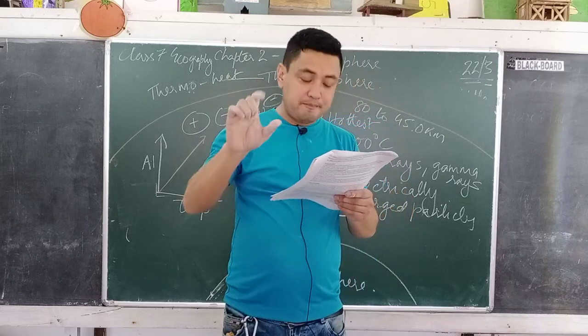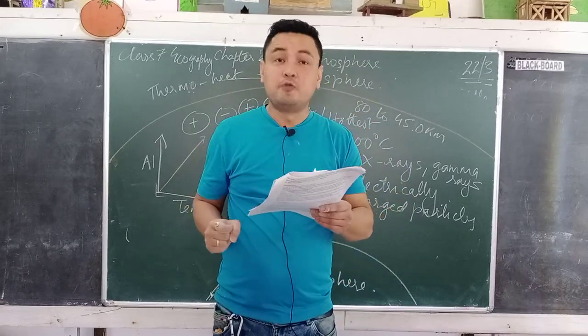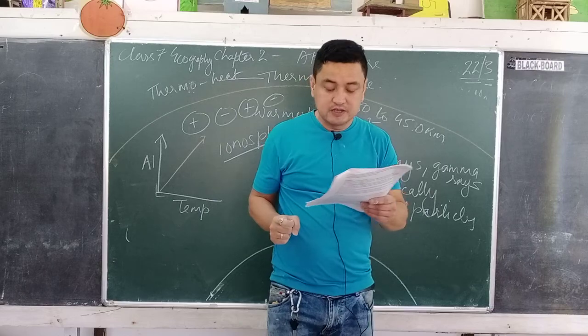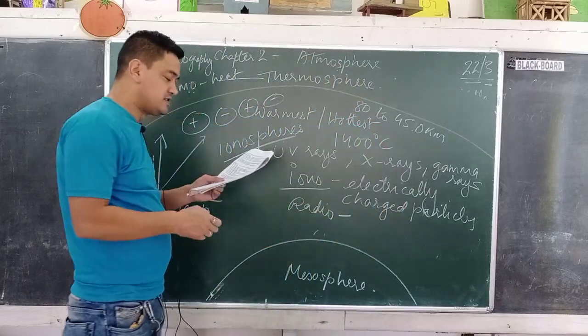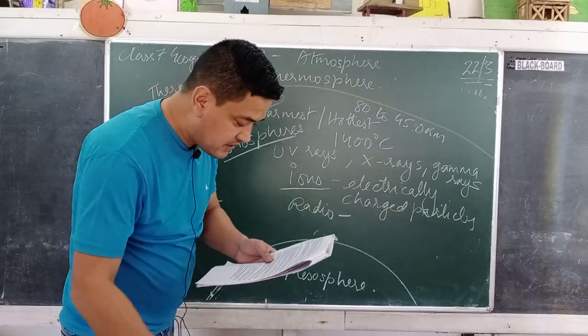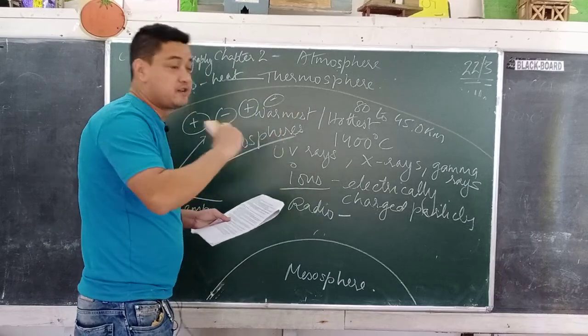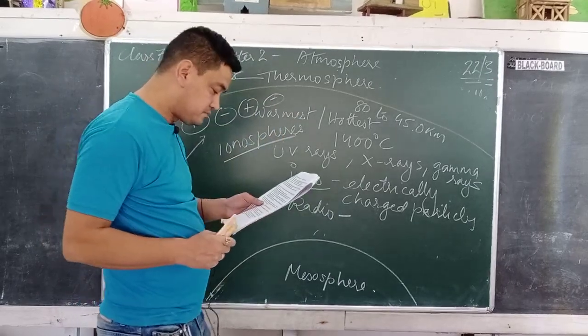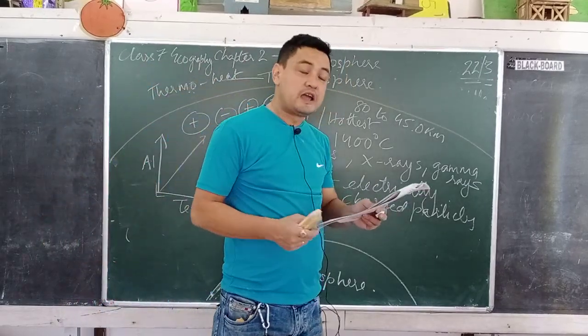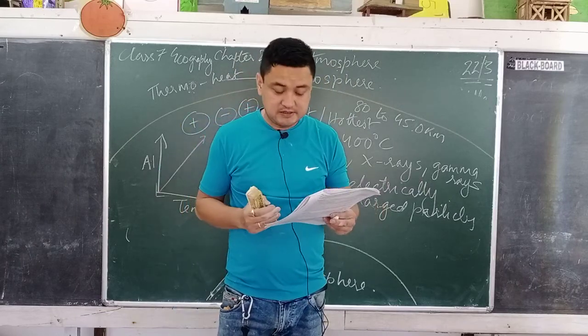In this layer, temperature decreases with increase in elevation until a low point of minus 100 degrees Celsius is reached. So in this layer, temperature also decreases, and temperature also increases.